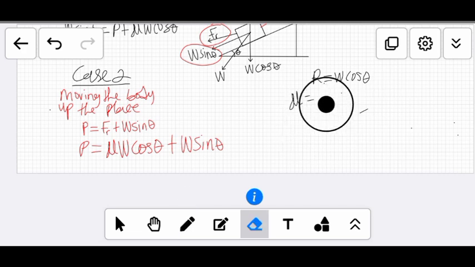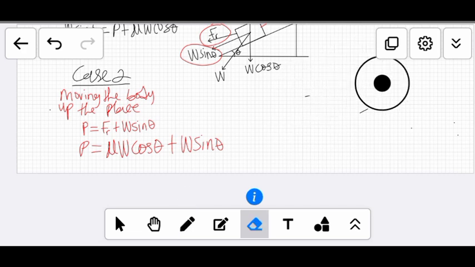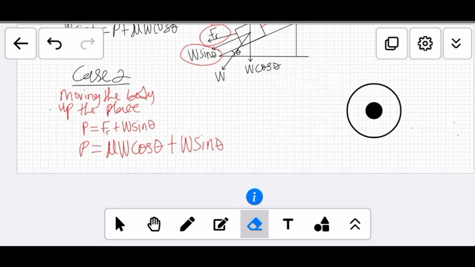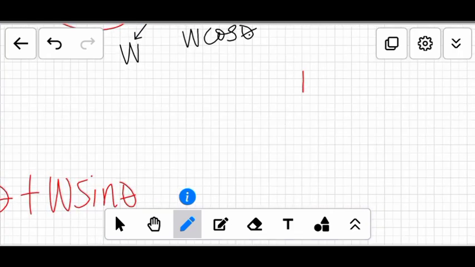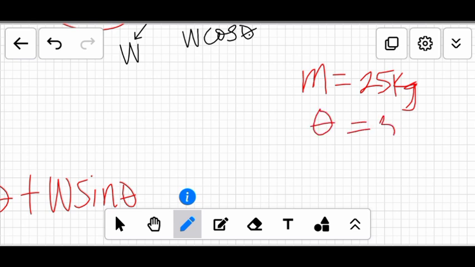I'm going to use the same diagram here to explain it. We said the concrete block has the mass m, which is 25 kg. Secondly, we were told that the block is placed on a plane inclined at 32 degrees.